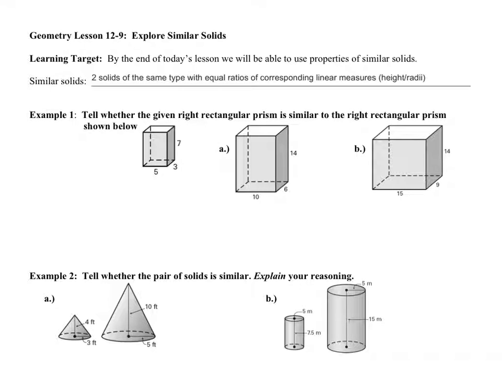So example 1. Tell whether the given right rectangular prism is similar to the right rectangular prism shown below. So I have to check the length and width and the height. So let's check the length first.